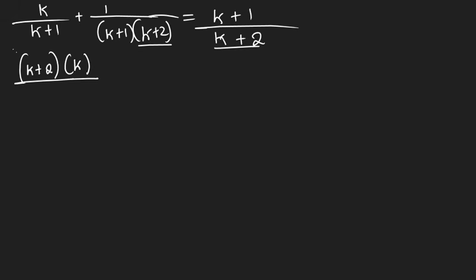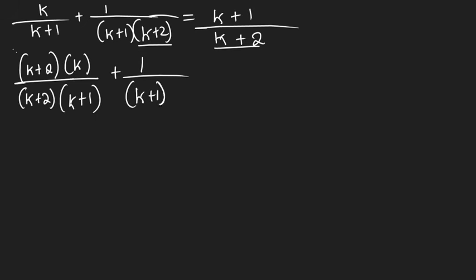Then here I'll say k plus 2, because I know when they cancel, they make 1, right? It's one and the same thing. Then here I'm going to replace k plus 1. Then this is k plus 1, k plus 2. This is k plus 1, k plus 2.